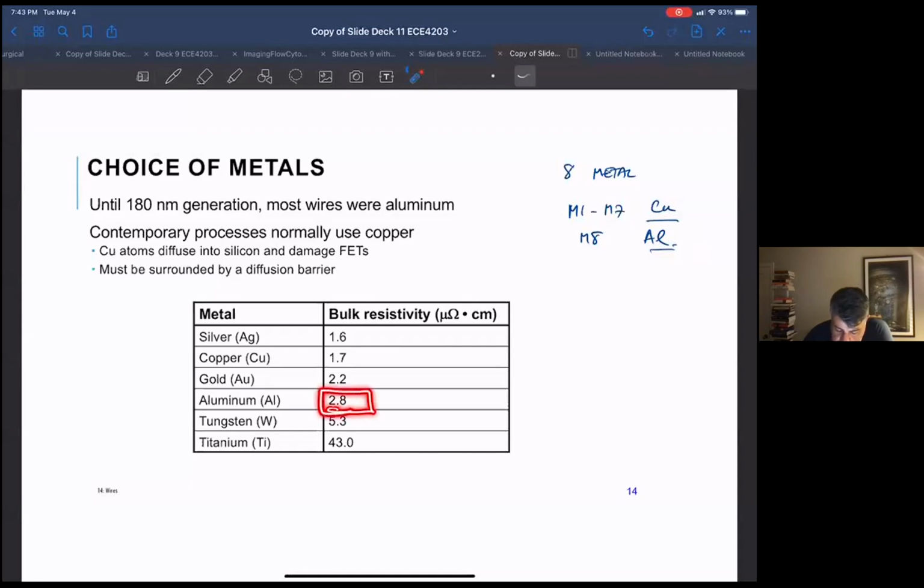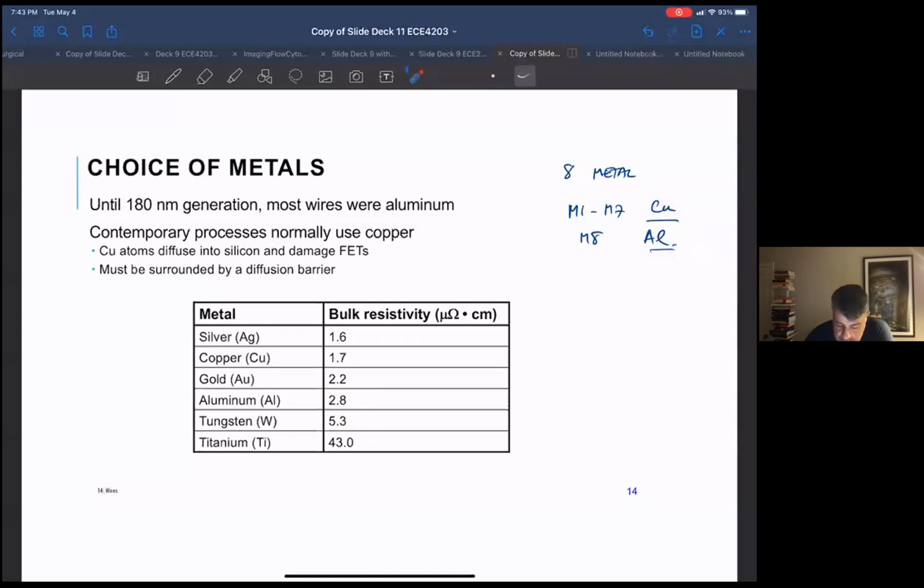Aluminum oxidizes, and why is oxidization important? Well, usually the oxides of these metals are non-conductive. So if you want to make a connection to copper and it's oxidized, it's basically a dielectric, so you won't be able to get a connection to it. You've got to do something like soldering.